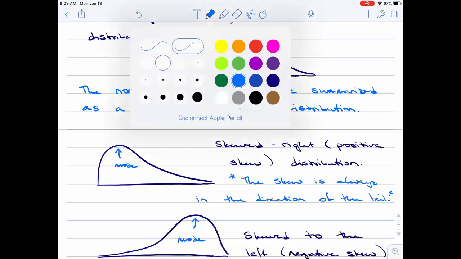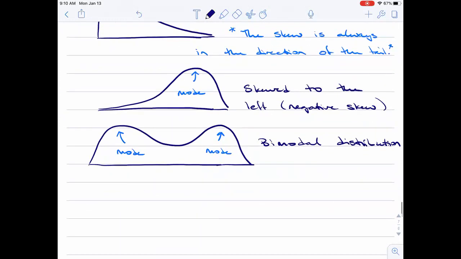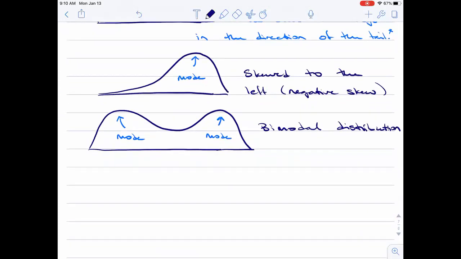Those are all the shapes that we're going to care about. There are lots of other ones. If you keep going in stats, there are lots of other distributions, but for now these are the only ones that we're concerned with, the main one being the normal distribution.